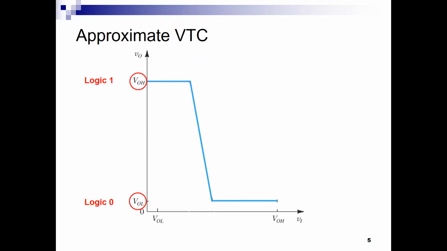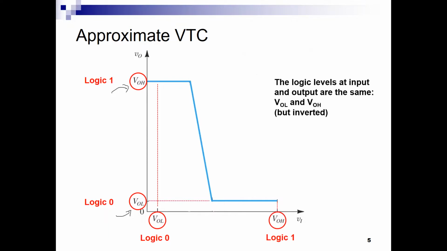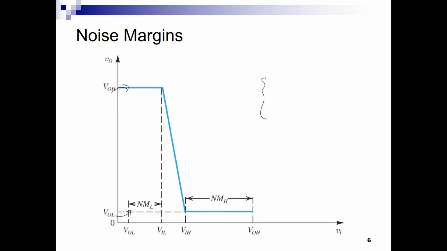So logic 0 is represented by VOL, logic 1 is represented by VOH. Likewise at the input, this one represents logic 0 and this one represents logic 1. Great. Now I have those ideal, perfect values. Okay, so the logic levels are the same but inverted.